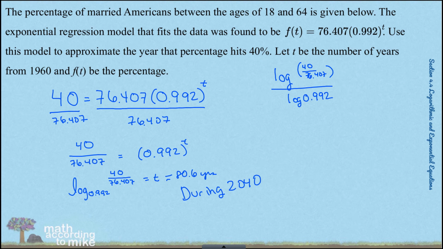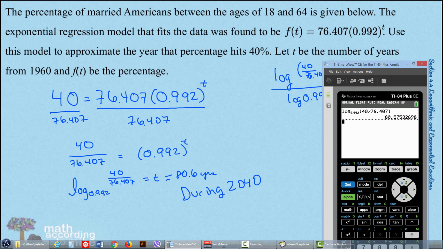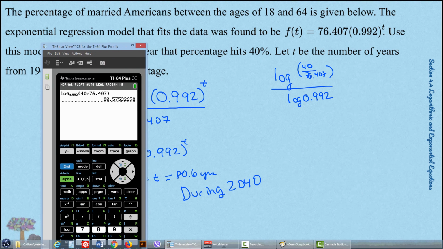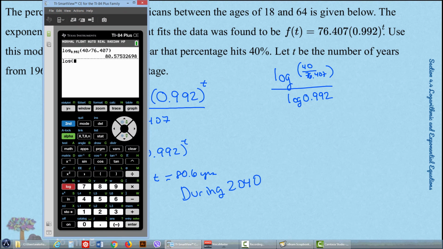So LOG here is the base 10 log. So I can say log of 40 divided by 76.407, close that off, divided by the log of 0.992. And we get the same answer.